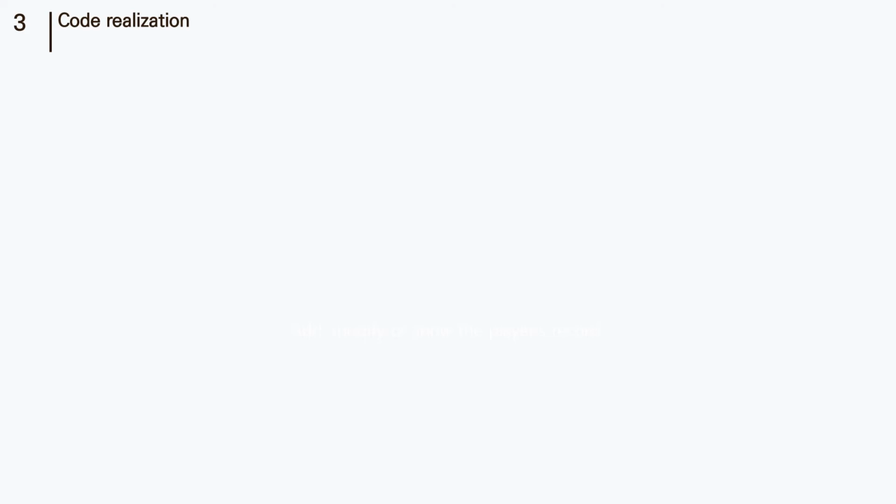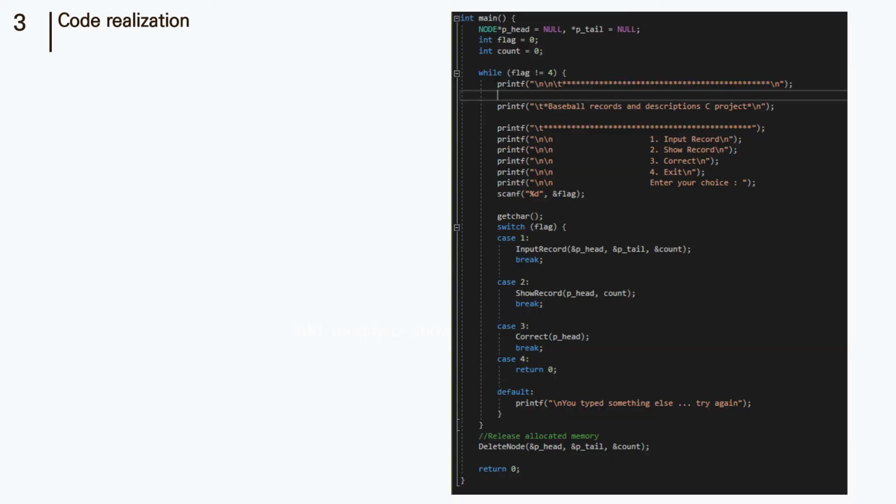Now, let's look at the C language code. First of all, it is the main code. Initialize the flag to 0, make a menu and print it out. Enter the flag to select the menu and run the switch to perform the function.